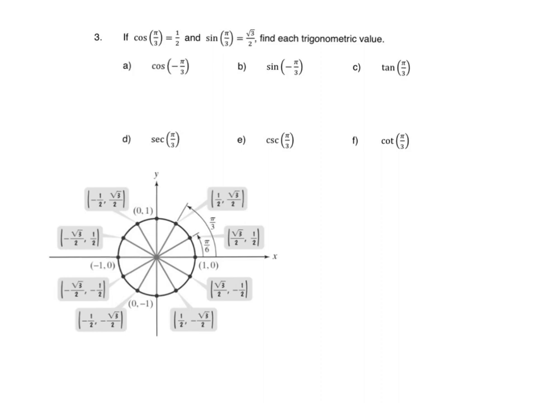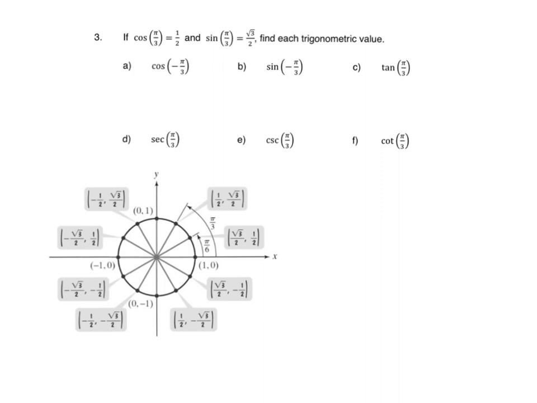One of the things they are trying to get across is the idea that cosine is what we call an even function and sine is what we call an odd function. Basically, what that means is for cosine, when you put opposites in, you get the same thing out. So cosine at pi over 3 is 1/2. Cosine at negative pi over 3 should also be 1/2.